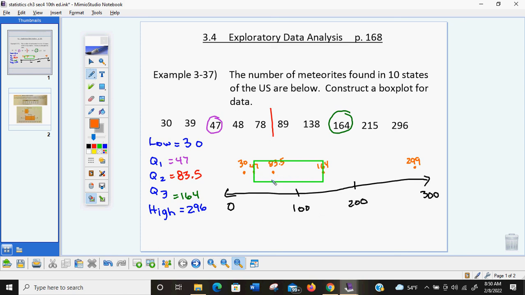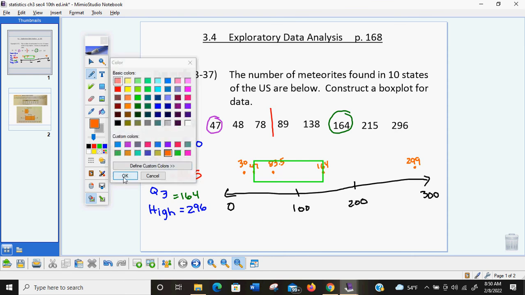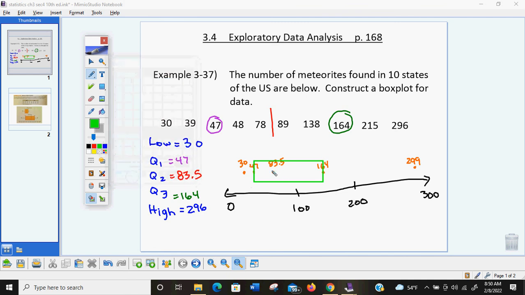Now you're going to draw a line through the median. I'm going to have a line through the median here. And then I'm going to draw my whiskers, from this end, and then my whisker from this one. That is called a box plot.